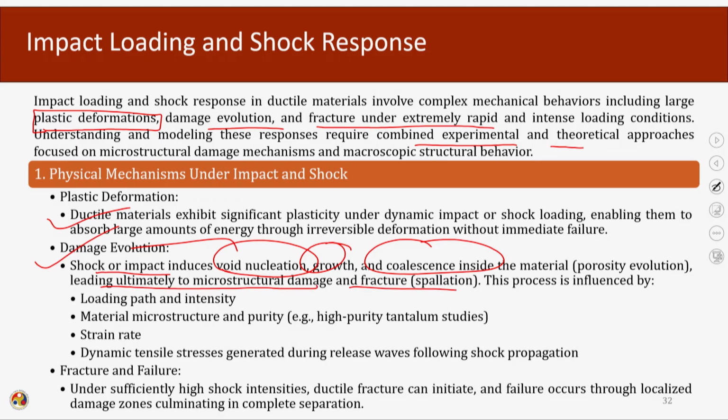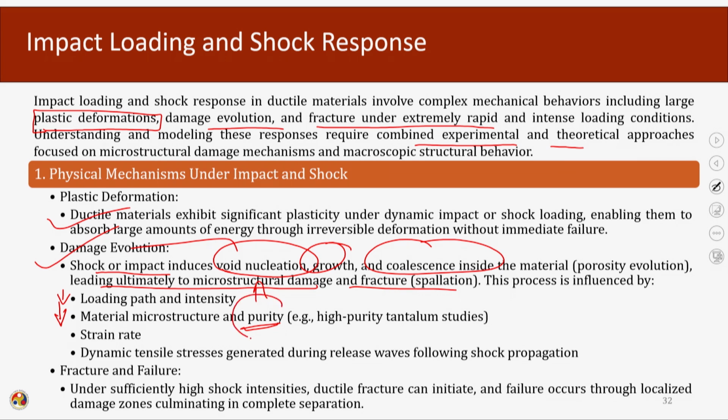So, this process is influenced by the loading path. This type of microstructural damage and fracture is greatly influenced by the loading path and intensity, the material microstructure and purity. Purity means if there are more and more defects, this damage evolution becomes unpredictable.